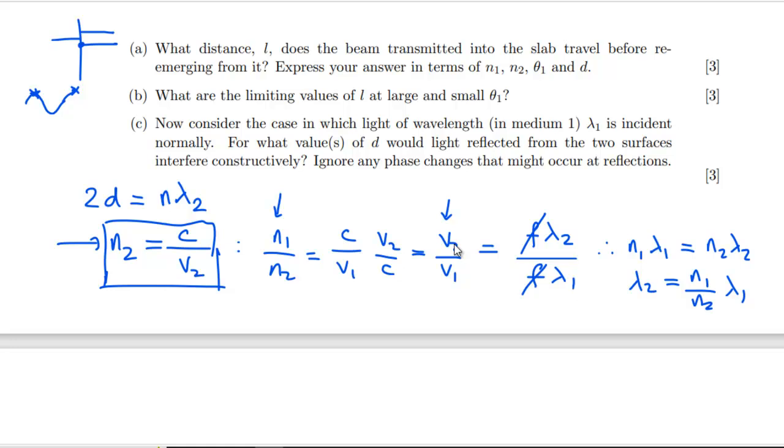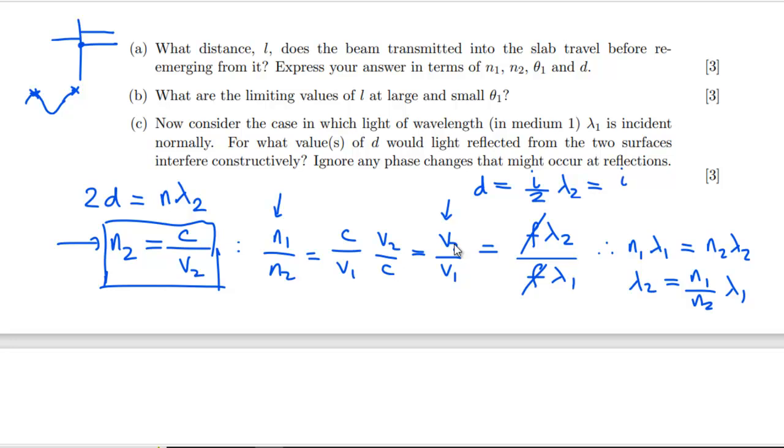So where have I got to on all of this? I've sidetracked myself. We've got 2d is I lambda 2. I've used I, well, I probably shouldn't have because it might get confused with all these refractive indices. So we need d to be equal to I over 2 lambda 2, and lambda 2 is all of that.